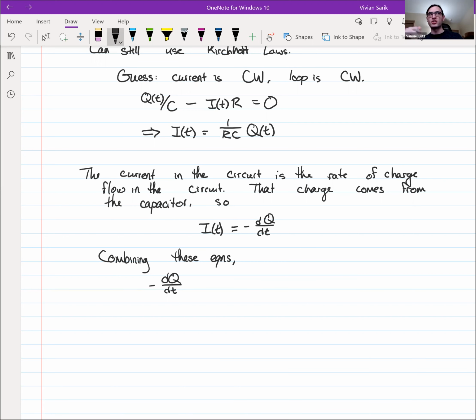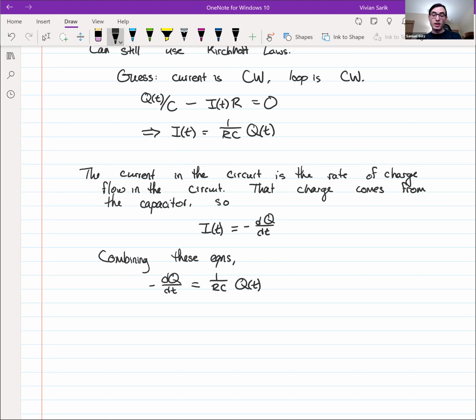There will be similar equations for different circuits, but you will have to figure out what that equation is. Which current relates to which charge and in what way? Is it positive? Is it negative? Whatever. So I'm just plugging in this here. Negative dq/dt is equal to 1 over RC times Q of t.